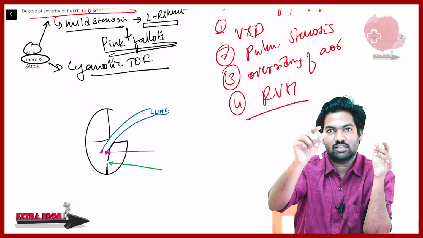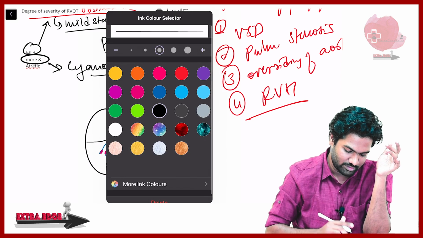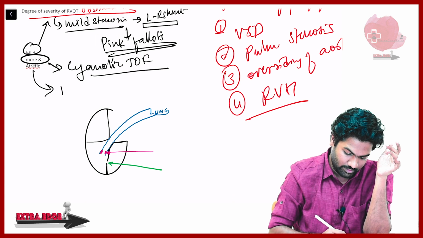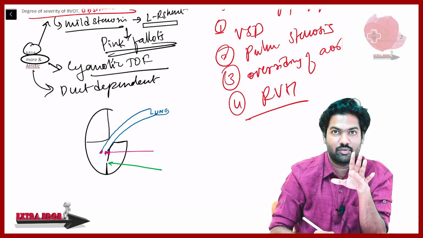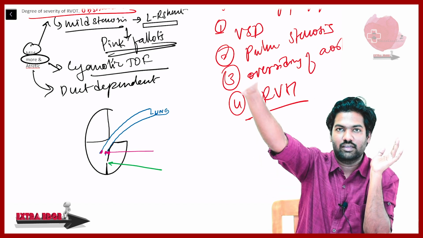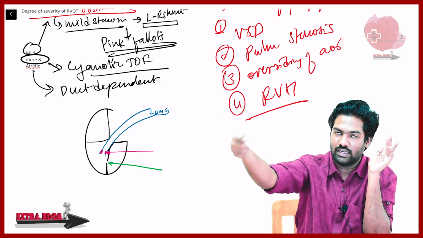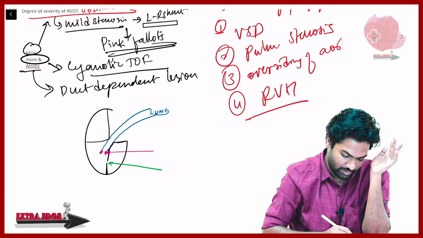The ductus arteriosus must be patent, so that will behave like duct dependent lesions. Only if the duct is there will the baby survive. That's how the blood can go to the lungs, get oxygenated, and again get mixed. Duct dependent lesion will behave with pulmonary atresia.